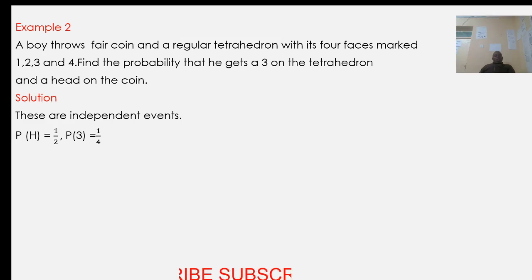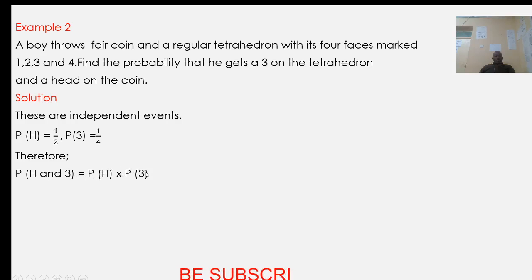The probability of a head occurring is a half, and the probability of a 3 occurring is a quarter. When we talk about the probability of getting a head and a 3, we multiply. Therefore, probability of head and 3 is probability of head times probability of 3, which is a quarter times a half, which gives you 1/8.